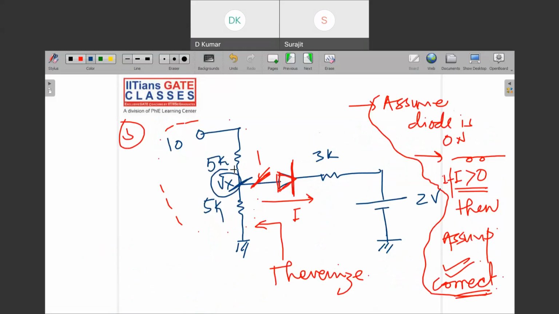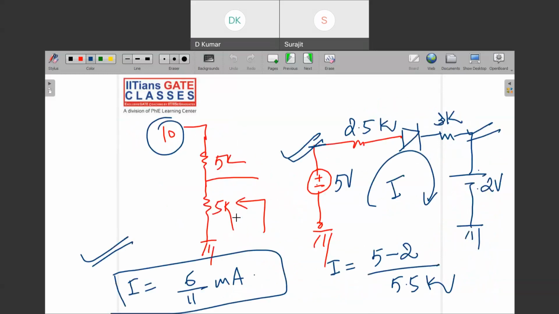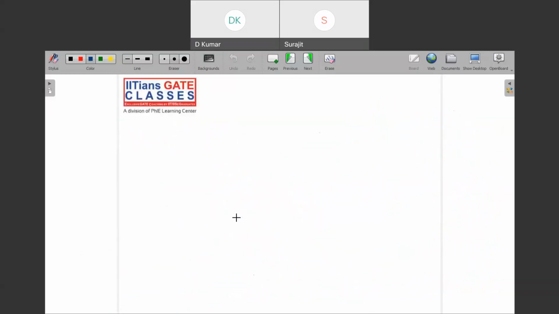So always take the help of these very important theorems, and don't forget to calculate R equivalent. Sometimes people make a mistake here. They calculate only the potentials, and whenever they want to find current, they forget the equivalent resistance. So don't forget that. Understand? See, a single line answer.